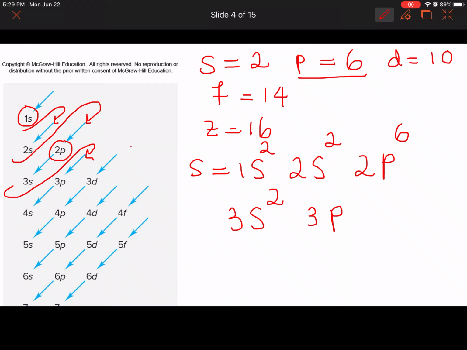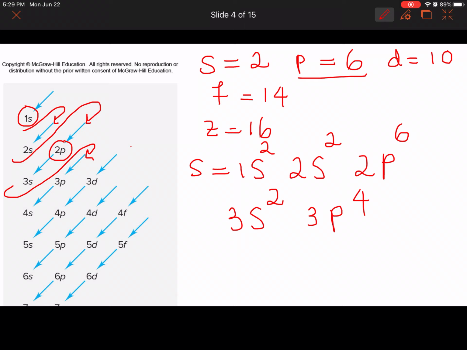Let's see how many we have filled up so far. So 2 plus 2, 4. 4 plus 6, 10. 10 plus 2, 12. We have to go up to 16. So 16 minus 12, how much is that? 4. So for 3p, you don't have to put all 6. You only need to fill up to 4. So then it would make it 3p4.